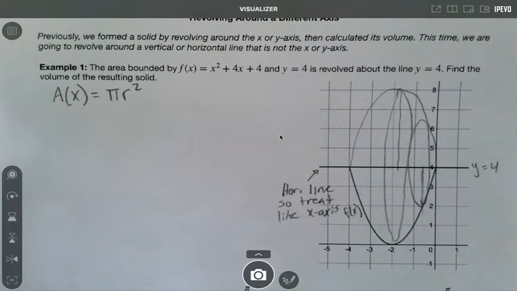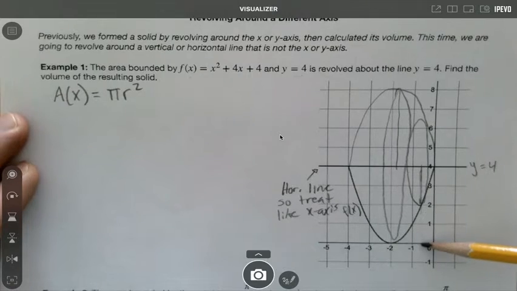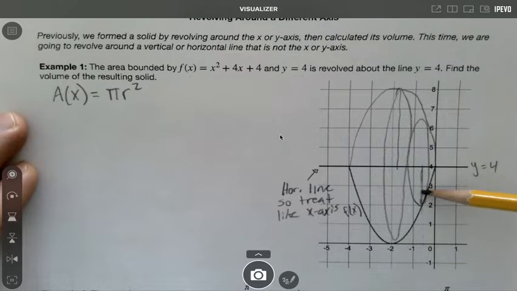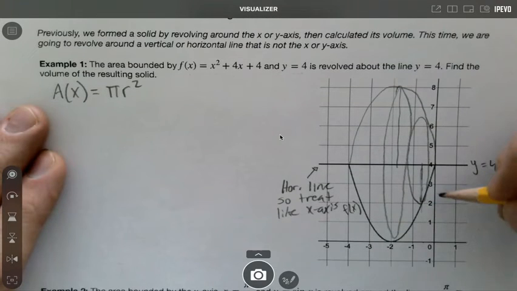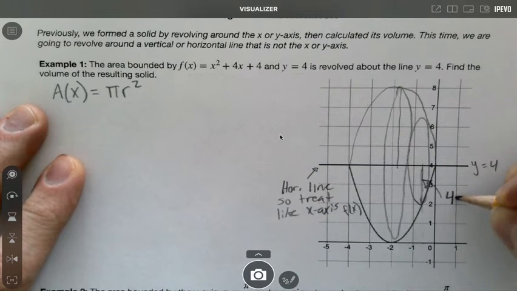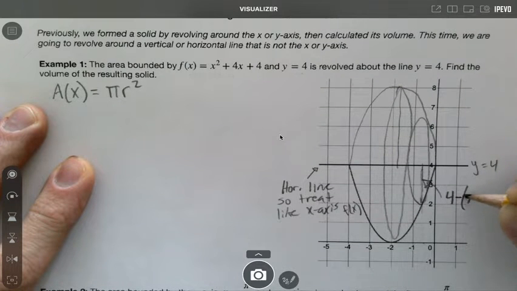All right. So the way I would find this is rather than simply using the function, this length here is actually the difference between the line I'm rotating around and the function itself. So in other words, this radius here is really 4 minus x squared plus 4x plus 4.